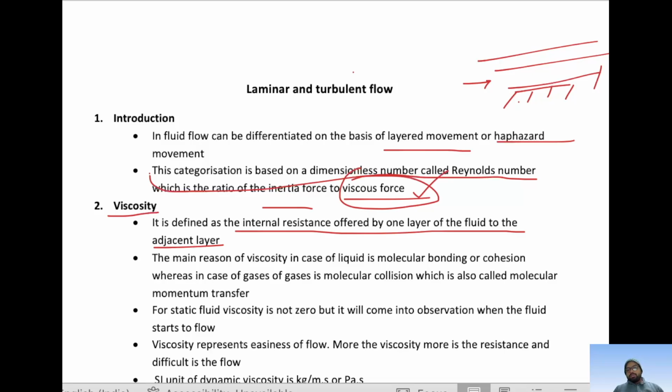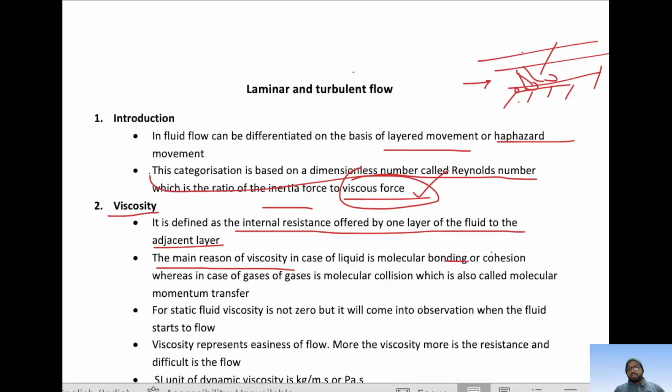The particle which is in contact with the wall will come to rest, and gradually its velocity will increase. This layer will offer a resistance to the adjacent layer, and this resistance is because of viscosity. The main reason for viscosity in the case of liquids is molecular bonding or cohesion.